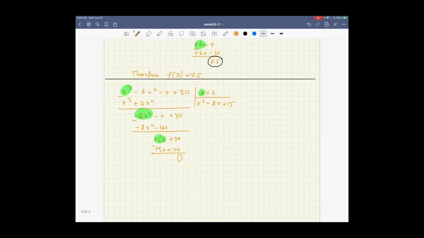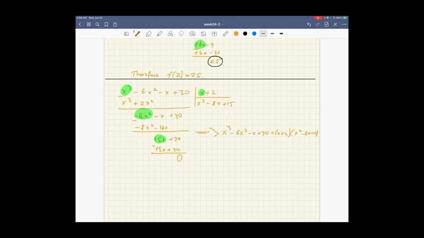And so, indeed, our polynomial x cubed minus 6x squared minus x plus 30 can be written as x plus 2 times x squared minus 8x plus 15.